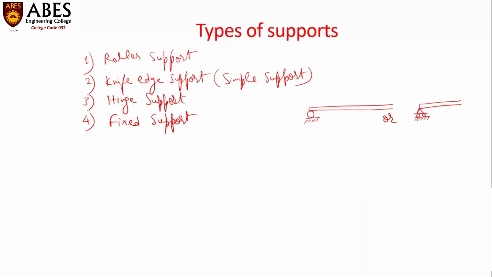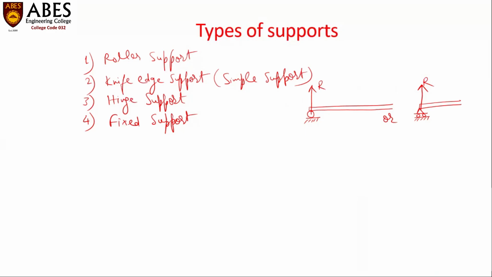But through this support, the beam can be kept against its vertical movement. So it's going to stop the vertical movement of the beam. So there will be a vertical reaction because of this type of support. Let us suppose this reaction is R.